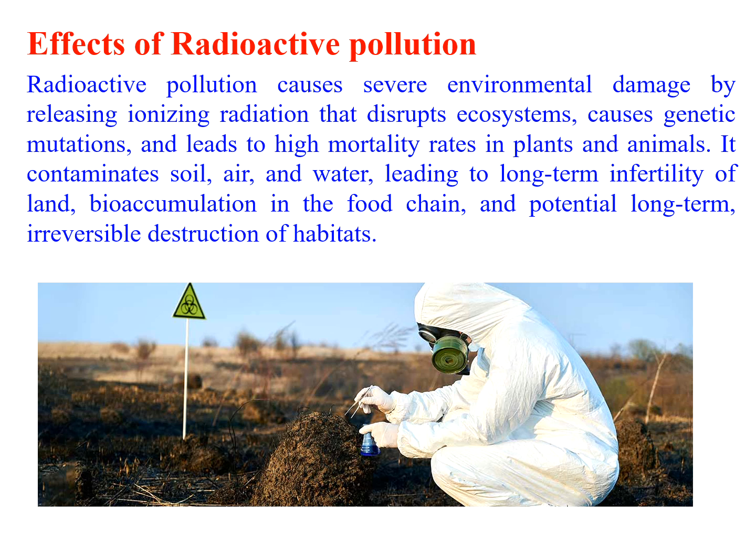It contaminates soil, air, and water, leading to long-term infertility of the land, bioaccumulation in the food chain, and potential long-term irreversible destruction of habitats. So all these things can happen due to strong radioactive pollution. We have to be careful while we are using these radioactive materials.